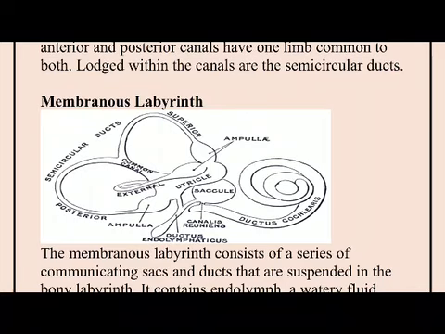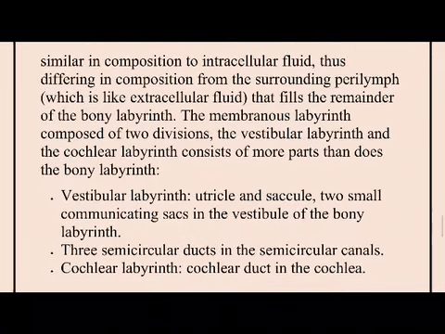It differs in composition from the surrounding perilymph, which is mainly extracellular fluid that fills the remaining part of the bony labyrinth. So within the membranous labyrinth you have endolymph, which is different from the extracellular fluid that you find in the bony labyrinth.